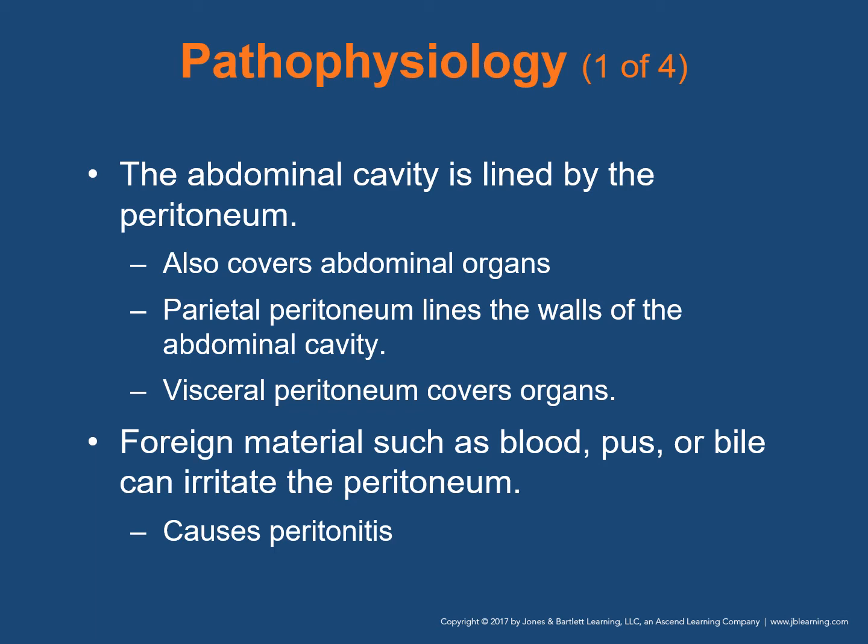When you have foreign materials and foreign substances in the abdominal cavity, whether it's blood or pus from an infection or bile from an injured hollow organ, you're going to have irritation of the peritoneum, and this is going to cause peritonitis, inflammation, which is then going to cause problems.